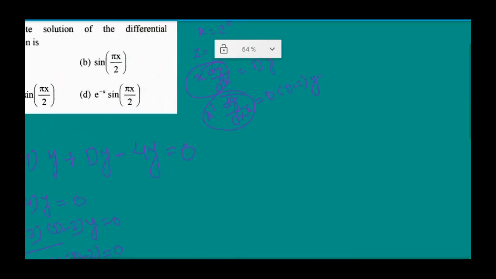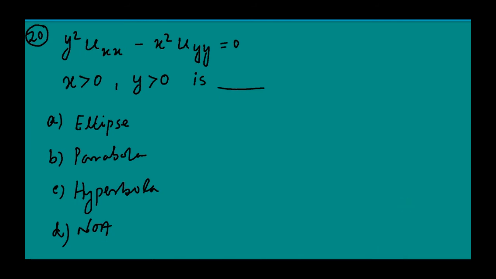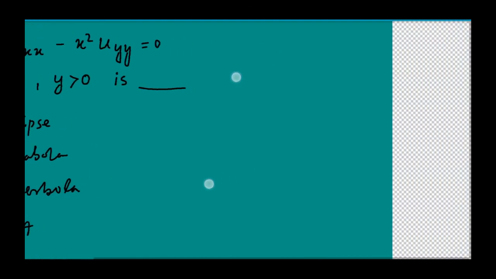So next question, and this is the last question: y square u xx, that is the double partial derivative of u, minus x square u yy is equal to 0. This one is from partial differential equations, and this can be written like this. I am writing the second order differential equation of this type of problem.